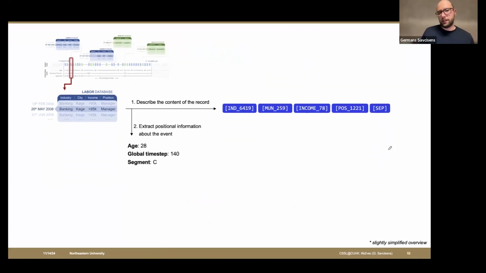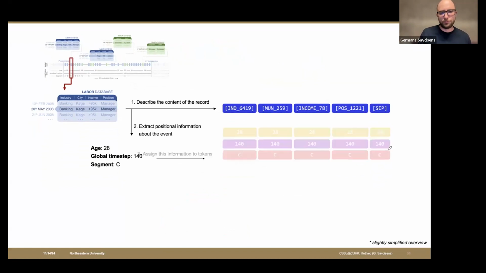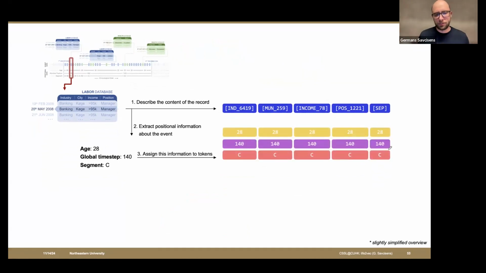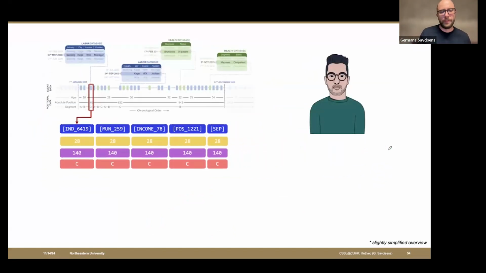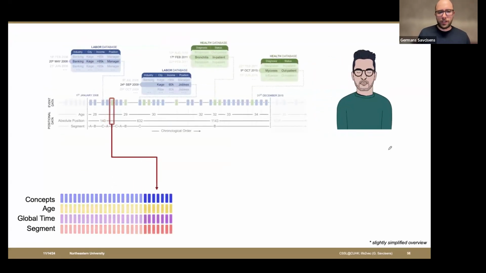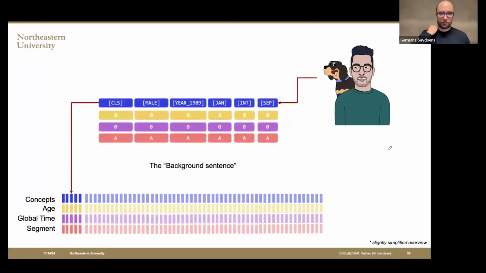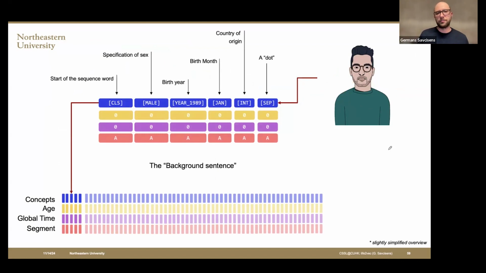We would also extract some positional information, so age and number of days since a specific date, and also segment, which I will not go too much into. And we would add those tokens into the representation. What we will do next is do that with every record that we have for a person, and we would assemble something that we call the life sequence. In the life sequence, we would also include a sentence that would represent some static, more or less static, information about the person, something like sex, birth year, birth month, country of origin.